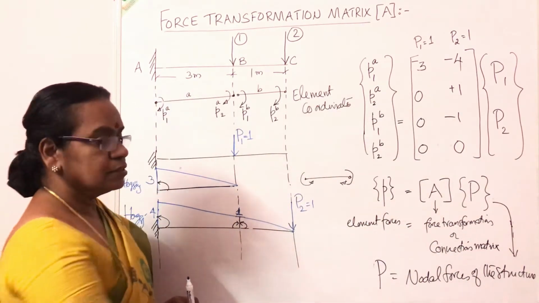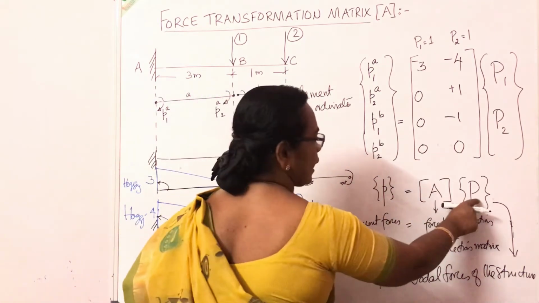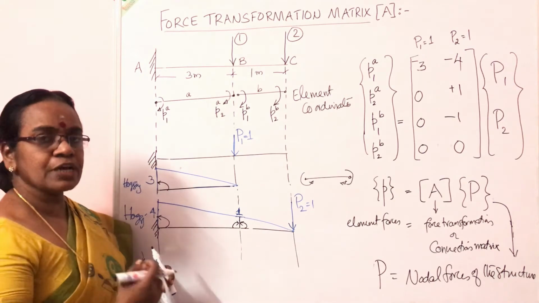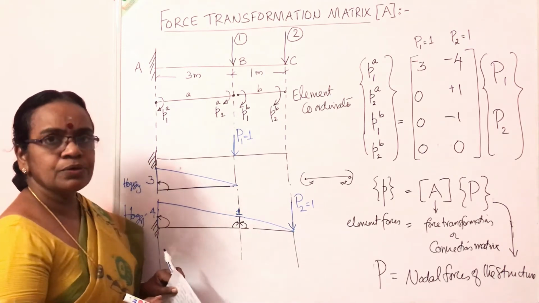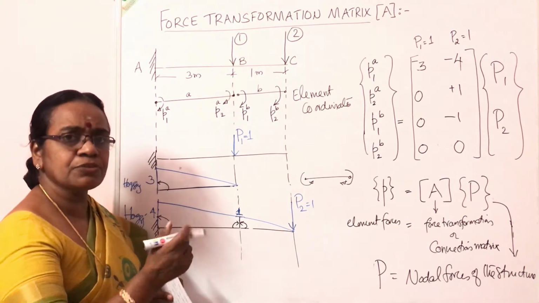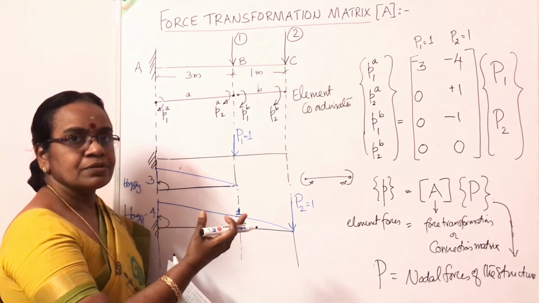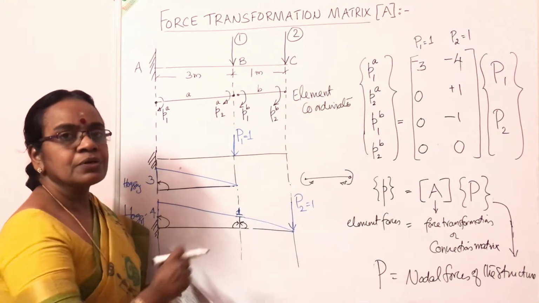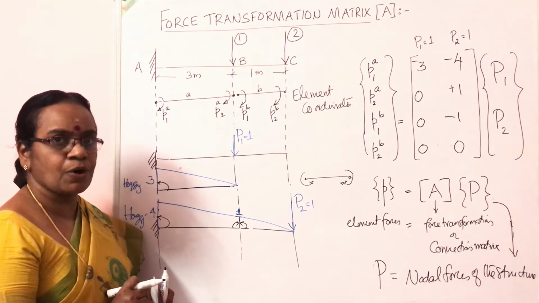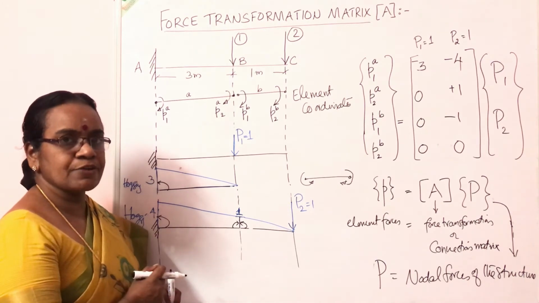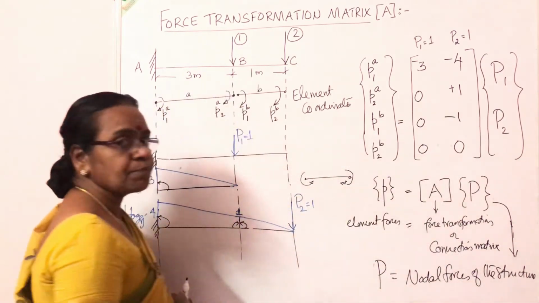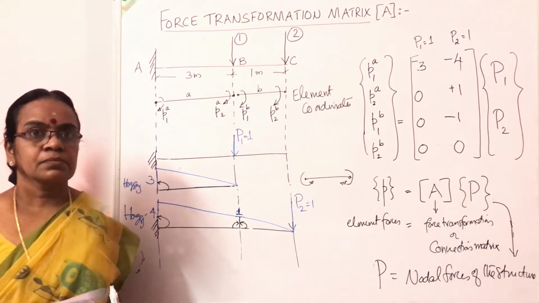So the relation is small p equals capital A into capital P. Element forces equal the force transformation matrix into the nodal forces of the structure. It is a matrix which transforms the structural forces into element forces. So the matrix which connects the element forces and structure forces is called the force transformation matrix. It is nothing but the equilibrium equations written in matrix form.